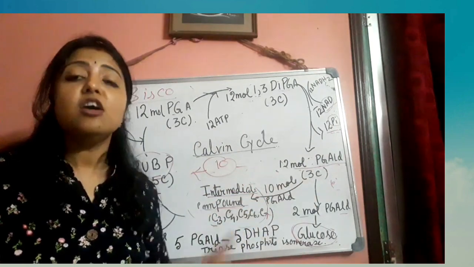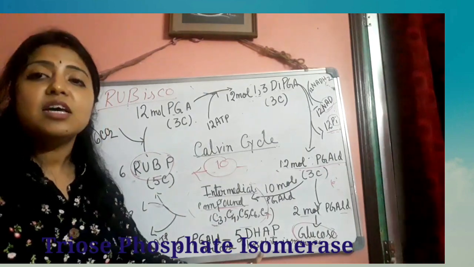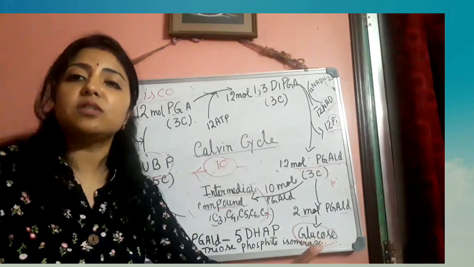dihydroxyacetone phosphate with the help of one enzyme, that is triose phosphate isomerase. Here it is just the opposite, just reversible from here.